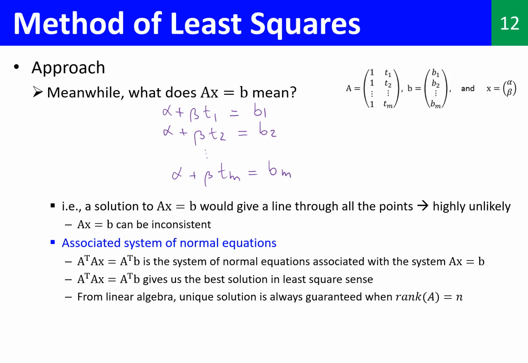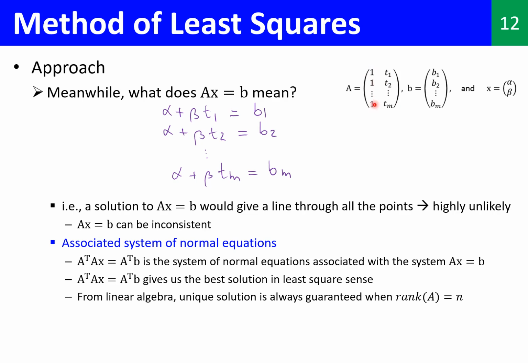So from linear algebra, we can prove that there will always be a solution to A transpose Ax equals A transpose B when the rank of A is equal to n. Okay, so I hope you remember what it means by the rank of a matrix. So it tells us the number of linearly independent columns or rows of a matrix, right? So if you look at A, what is the rank of this matrix?